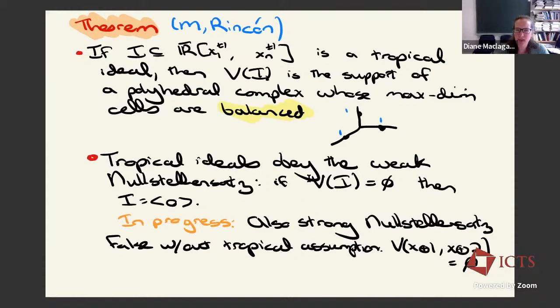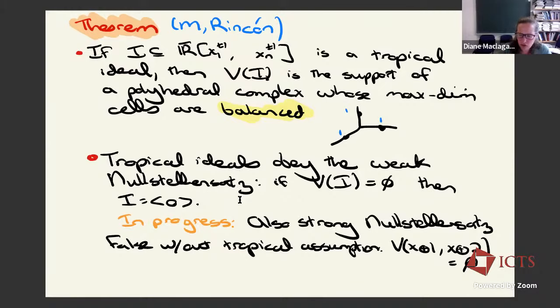What do we mean by that? It is the support of a polyhedral complex whose maximal dimensional cells are balanced. So this is the balancing condition I alluded to earlier. We knew the polyhedral complex a long time ago, but balancing is just new from last year. That turned out to be much harder to prove.